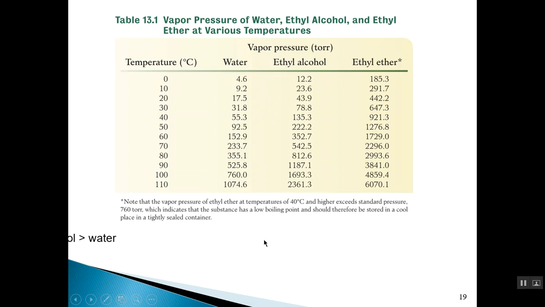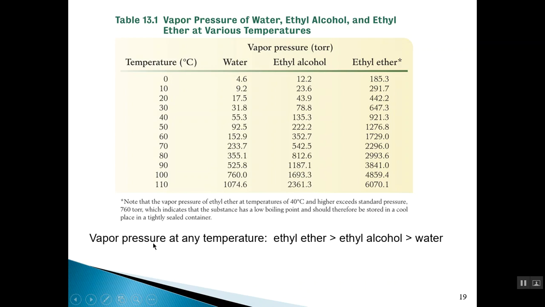Okay, so the vapor pressure at any temperature, if you compare these three liquids, is this: ethyl ether has a greater vapor pressure than ethyl alcohol, and the vapor pressure of ethyl alcohol in turn will be greater than the vapor pressure of water. So that is true at any temperature. If you compare the vapor pressures of the three substances, you'll find that ethyl ether will have the greatest vapor pressure and water will have the lowest of these three.